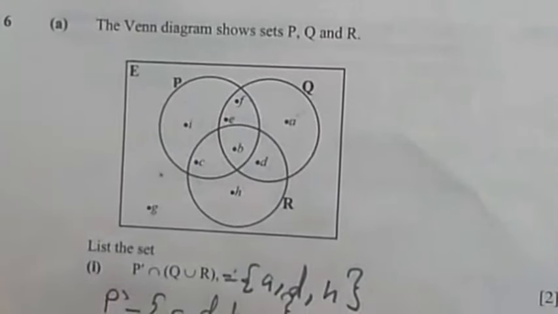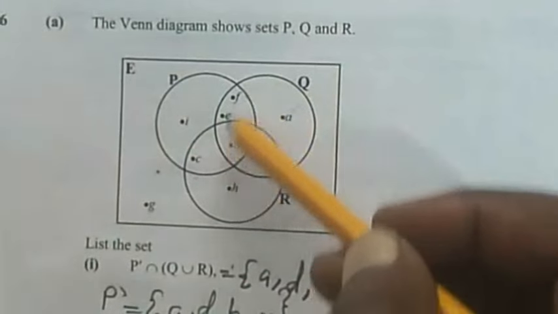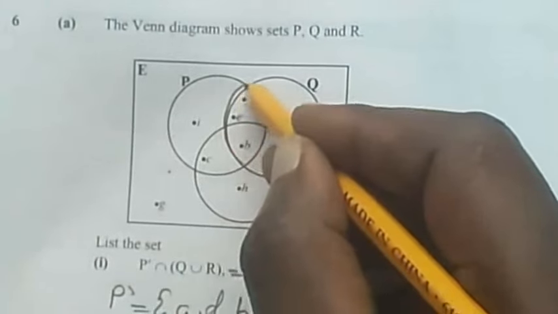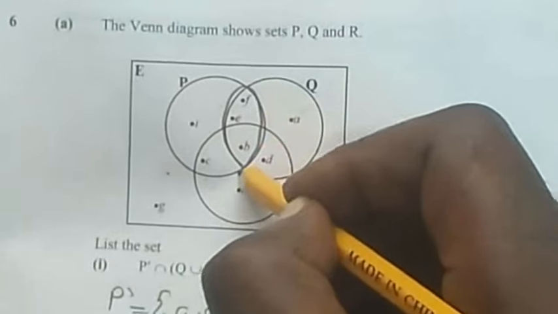We want this part here, that is P intersection Q, this one here. We have F, E, B. Those are the members of P intersection Q. So we can close that.